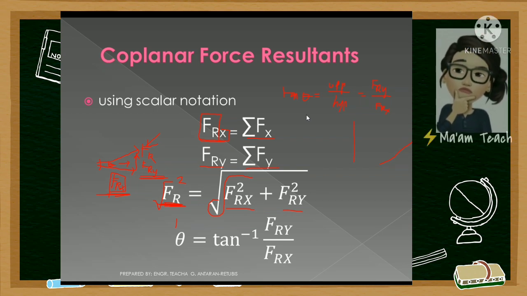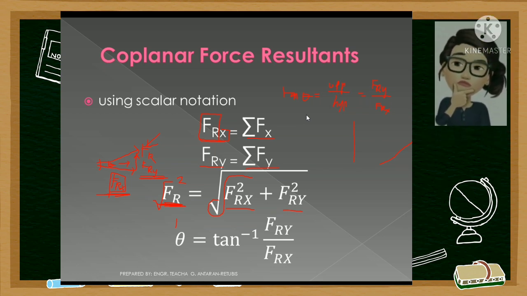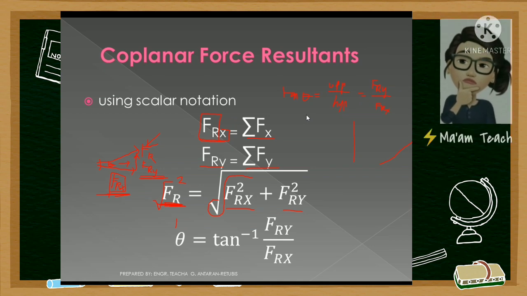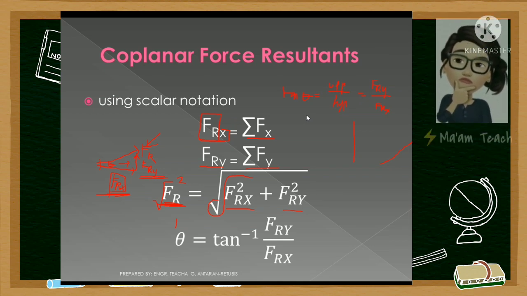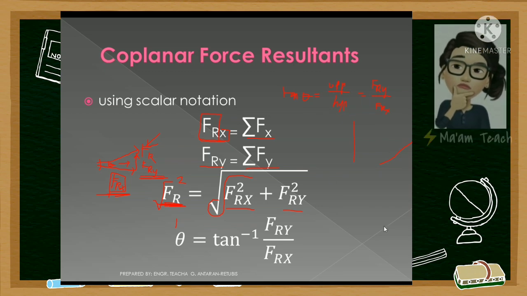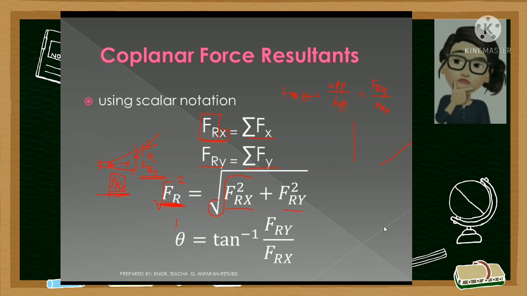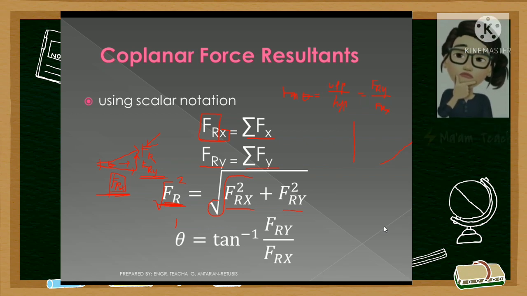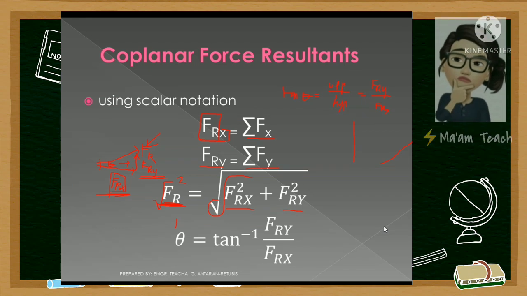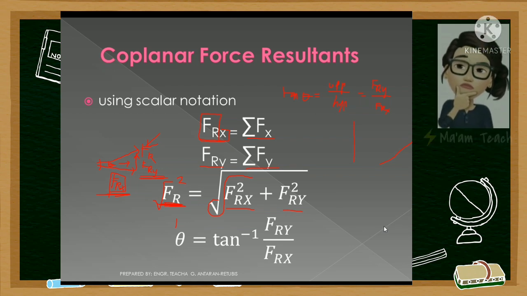Now take note, class, that frx and fry can be positive or can be negative. If for example your fry is negative, that means it is downward. But if for example your frx is negative, that means it's to the left. Okay, it indicates direction, so you have to indicate that negative there. You have to follow it.